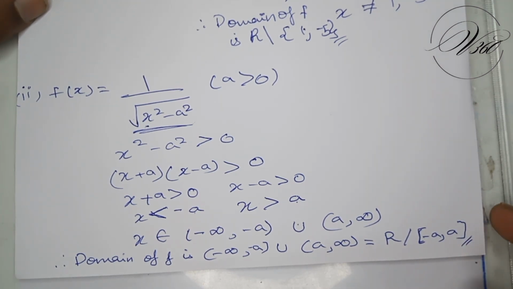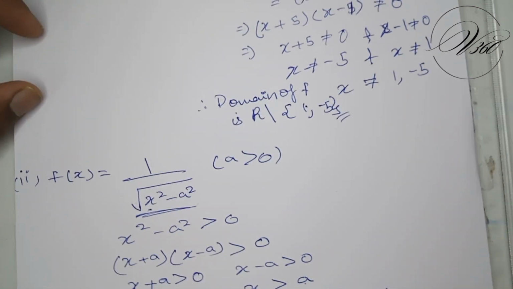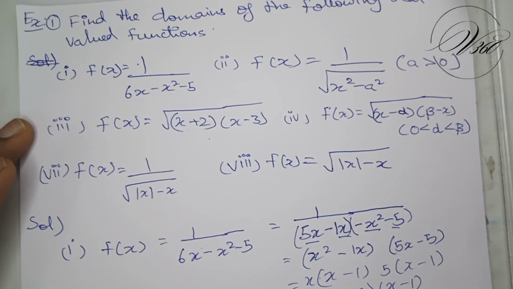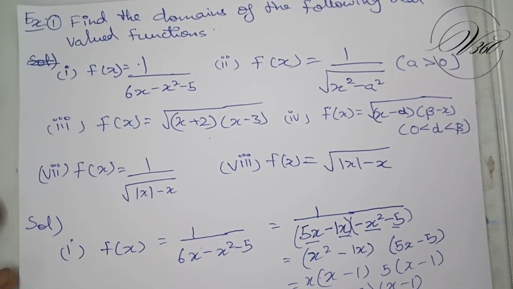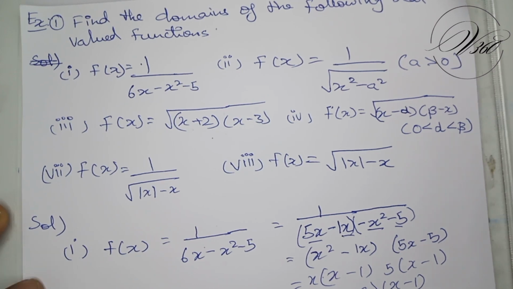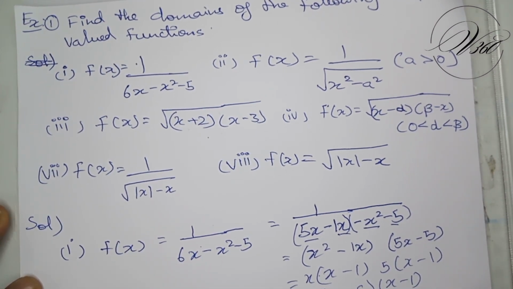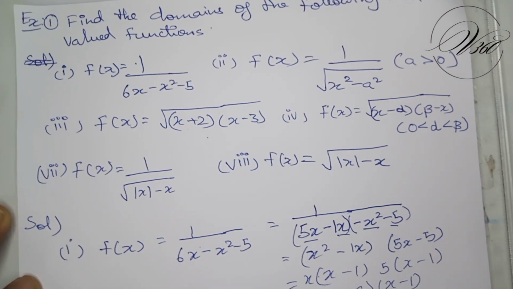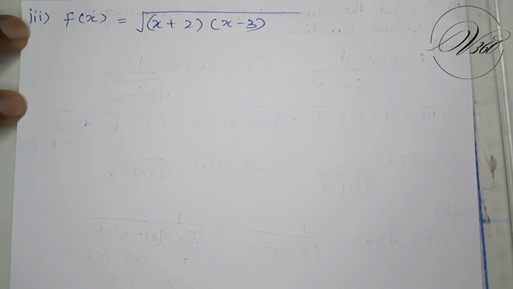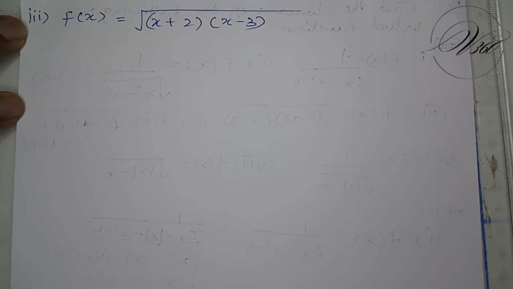Now we are going to do the third bit, that is f of x is equals to under root of x plus 2 of x minus 3.